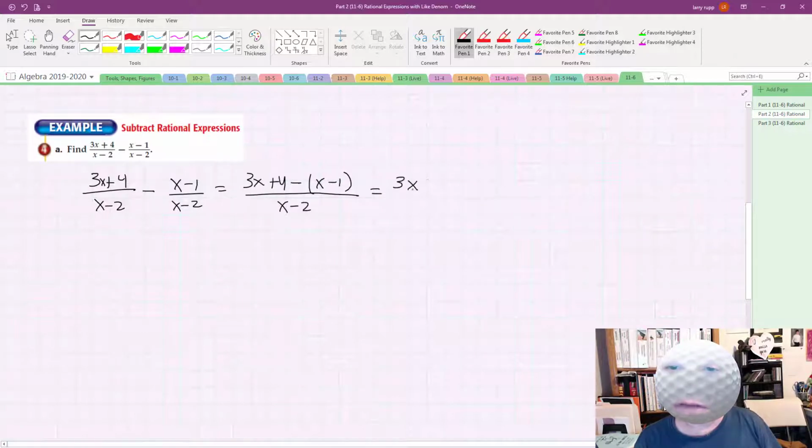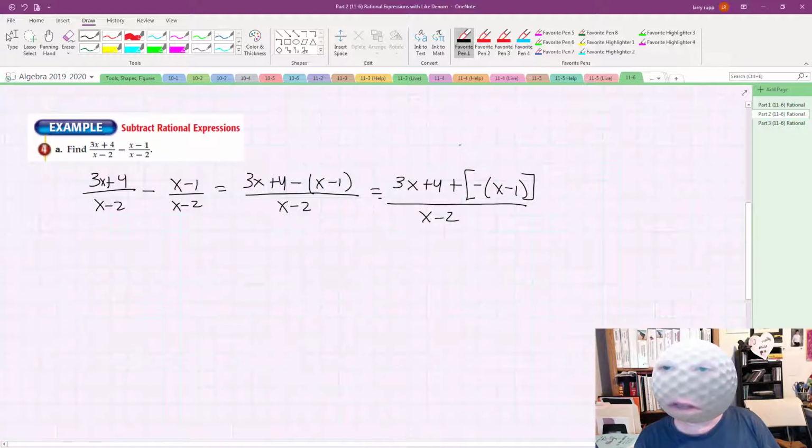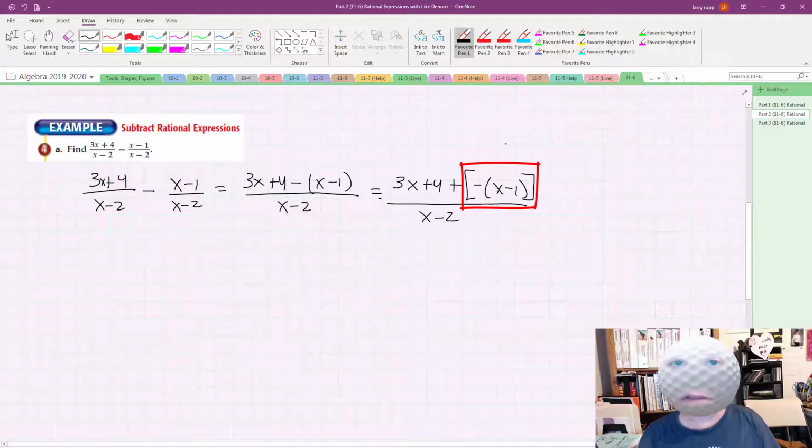So we have 3x plus 4 plus, we want the inverse of x minus 1. So the inverse is that negative sign right there, x minus 1. Okay? And that's all over x minus 2. So this here is the additive inverse.